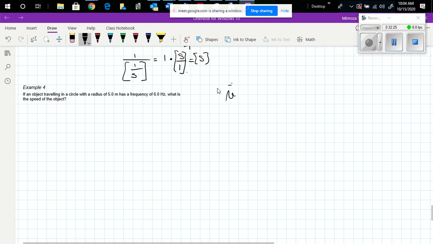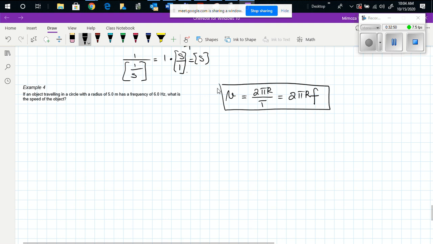Okay, so the magnitude of the velocity of an object that is moving in a circle is, we said, 2 pi r over T. But now since 1 over T is the frequency, this will be 2 pi r f. So those are the two formulas that we use for the velocity.